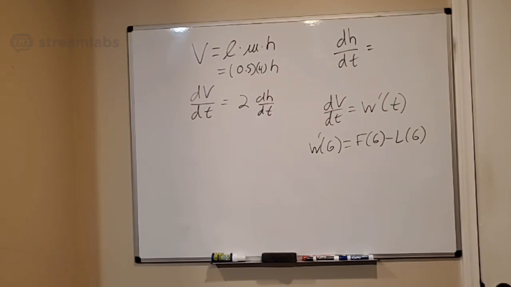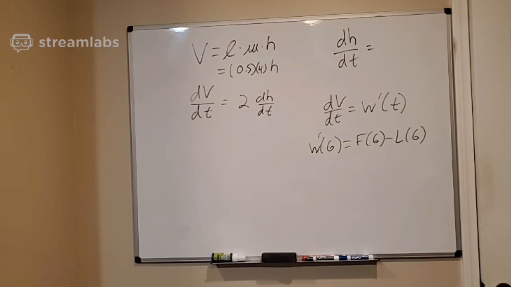And again, as I'm saying this, I don't expect you to have gotten all this by yourself, but do you have questions on what I did or how I figured something out that I can help you with? Why does dV/dt equal W prime of t? Because dV/dt is the rate at which the volume is changing, and W prime is the rate at which water is coming in. So that's the same thing.